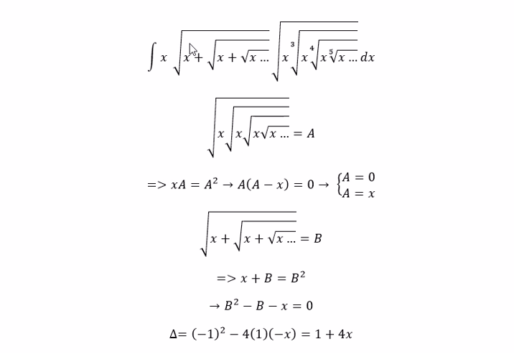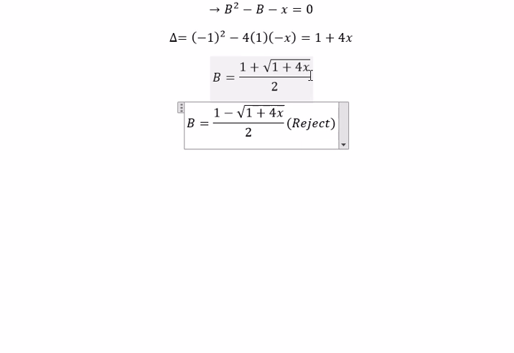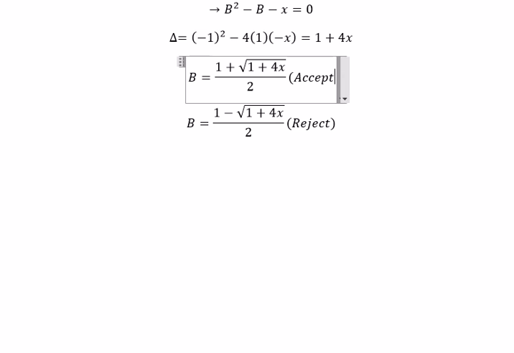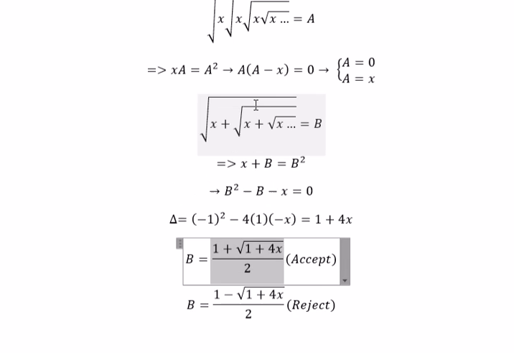As you can see, this is a square root, and the square root always provides a positive number, so we need to reject this one. So we accept this one. So we change b into here.